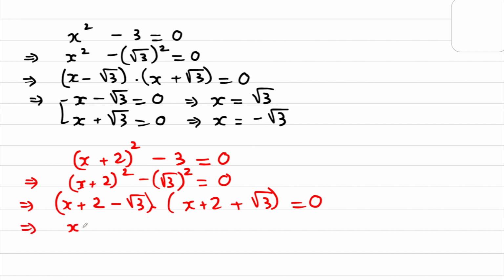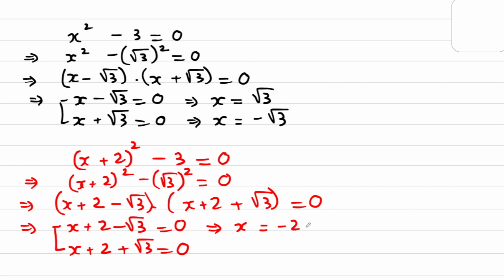So the brackets are set up: x plus 2 minus square root 3 equal to 0 and x plus 2 plus square root 3 equal to 0. And here you get x equal to minus 2 plus square root 3, and the next one is minus 2 minus square root 3.